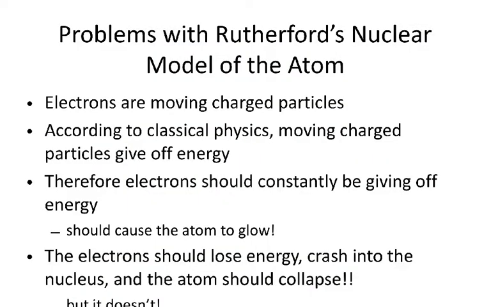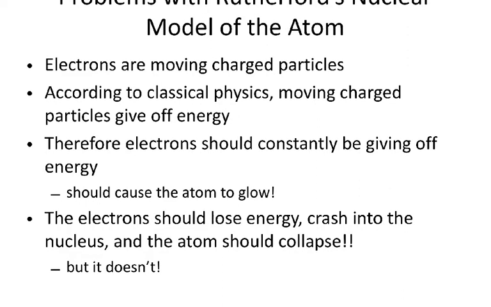Okay, so Rutherford's model of the atom had electrons as these moving charged particles moving around a central nucleus. So according to classical physics, if we're back in macro territory, moving charged particles give off energy.